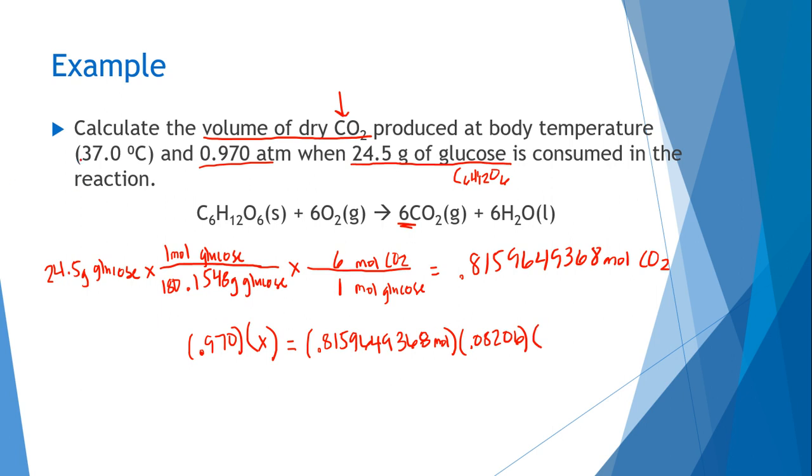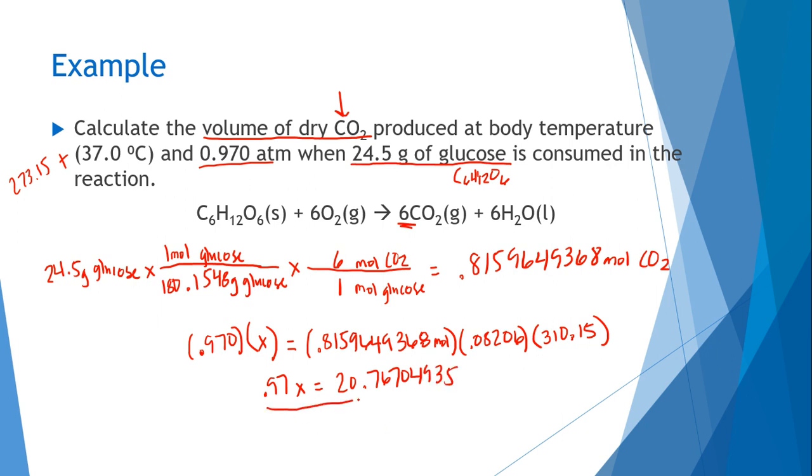So we're going to see I'm given 37 degrees Celsius, so I need to add 273.15. When I add that and change that to Kelvin, we actually get 310.15. And then we can go ahead and solve this. We're going to see I get 0.97x equals 20.76704935.